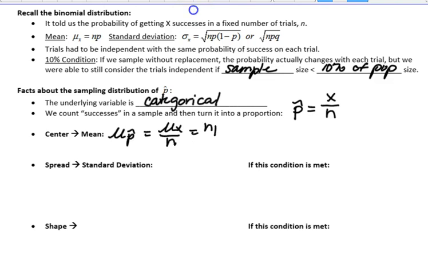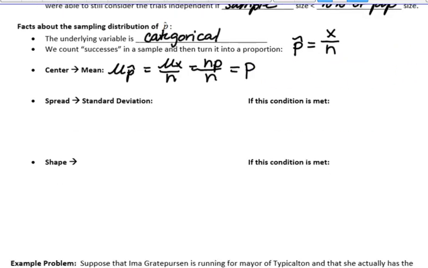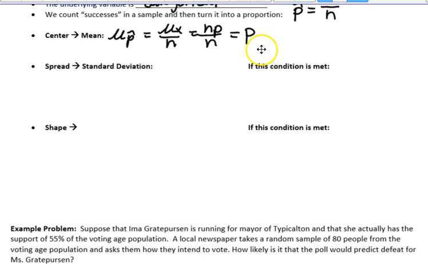So it's np divided by n, which is just p. And this is something we observed in our simulation: the distribution of sample p hats was centered at the population proportion. So the mean of the sample proportions is the population proportion.